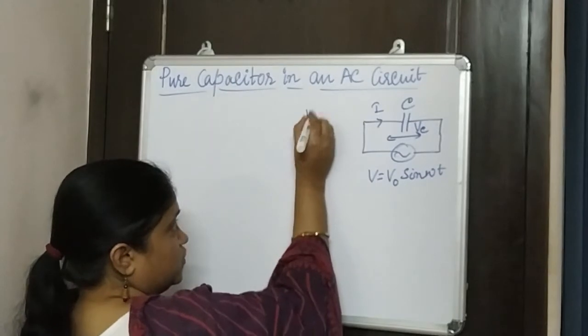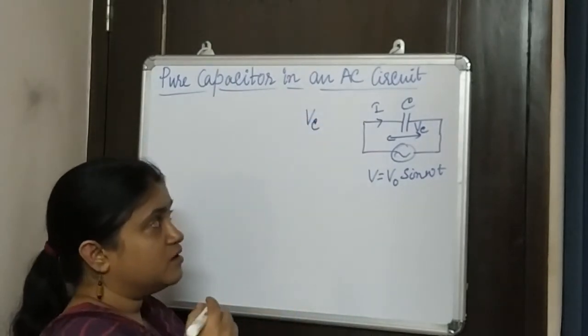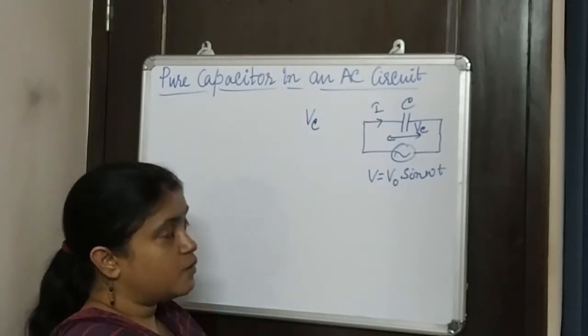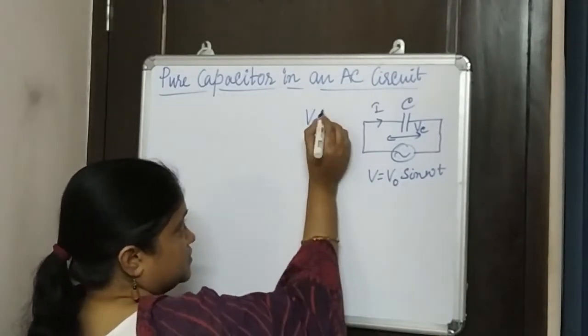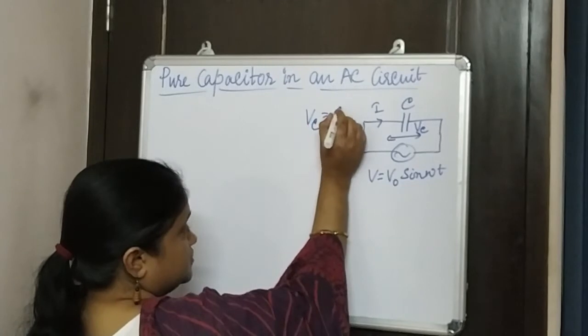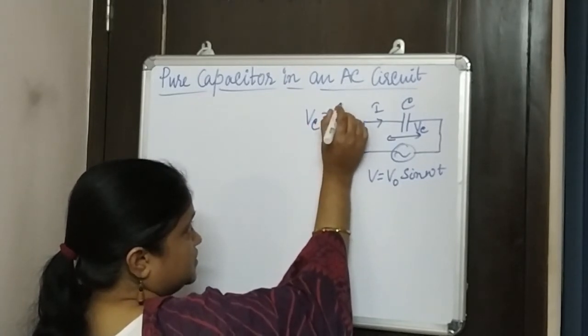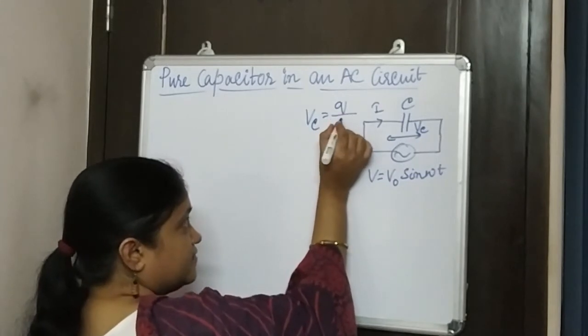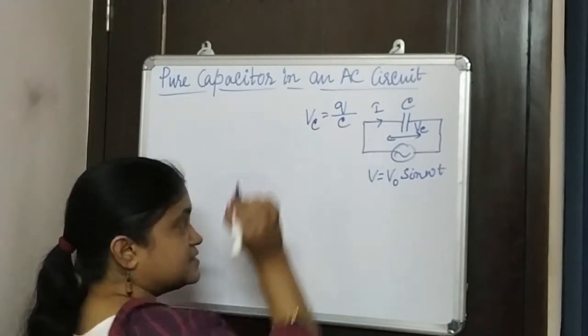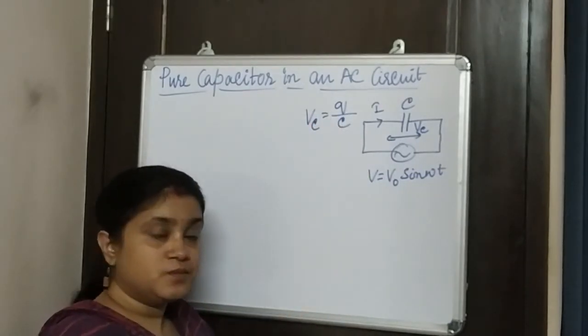So what we know from our concept is Q, the amount of charge, divided by C, the capacitance, right?